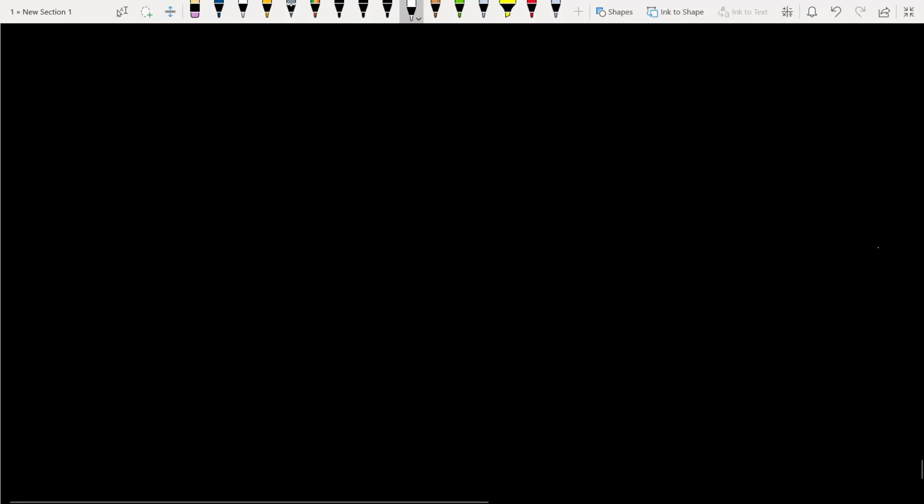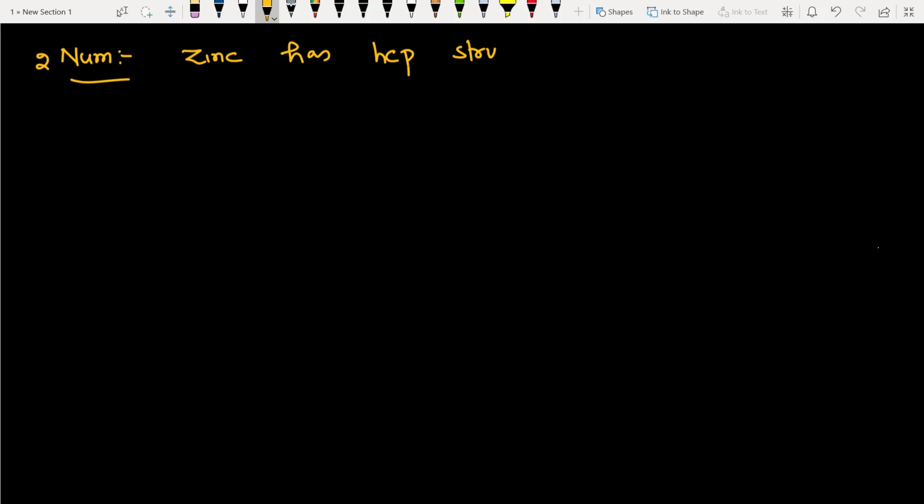So the second numerical is for materials having HCP arrangement. Zinc has HCP structure, hexagonal closed pack. Height of unit cell for HCP arrangement is 0.494 nanometer.